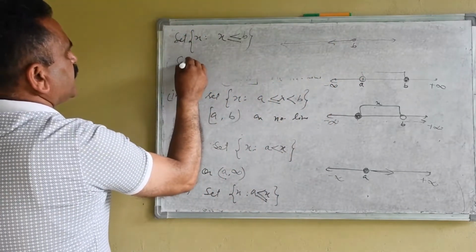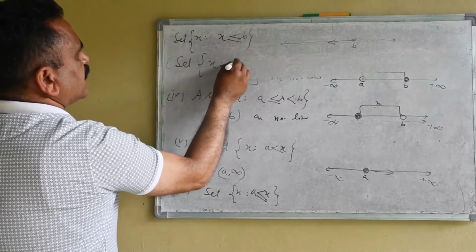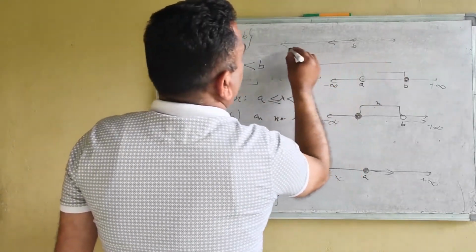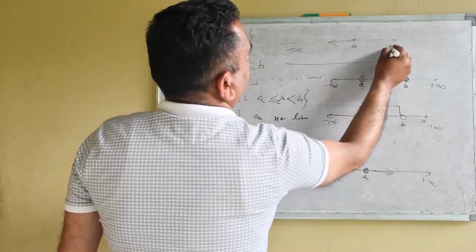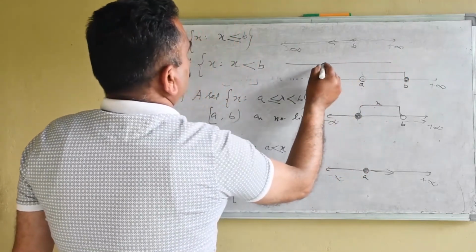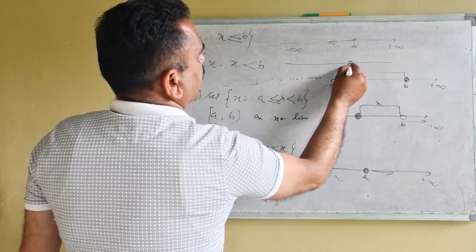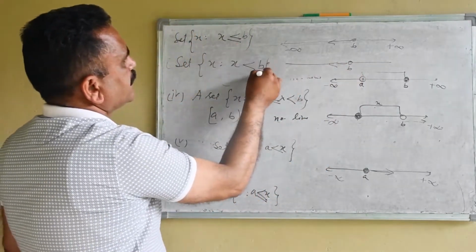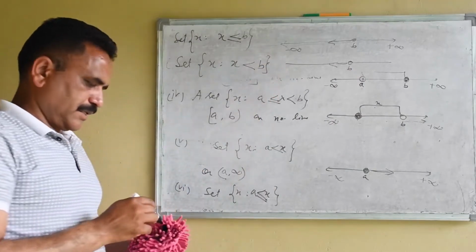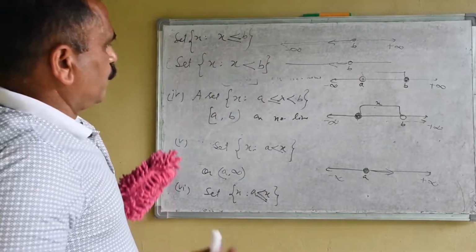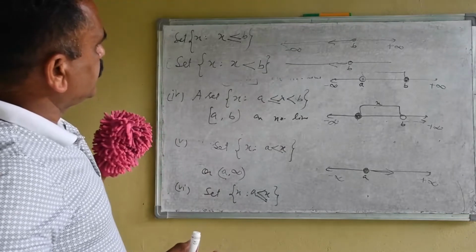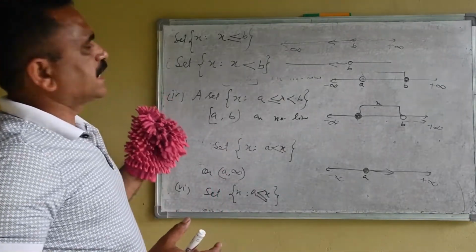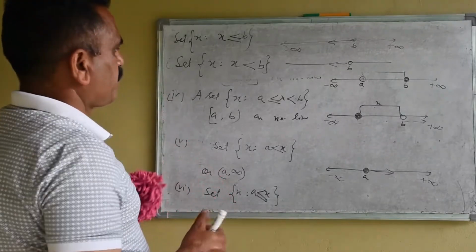And if it is set x such that x is less than b, then again minus infinity, plus infinity, and here we get an empty circle because the sign of equality is not there. So we have seen how to write the interval form or intervals as a subset of R.